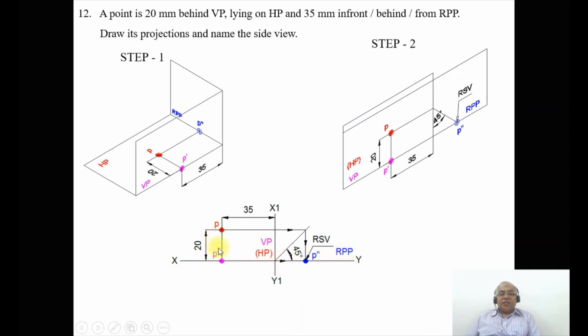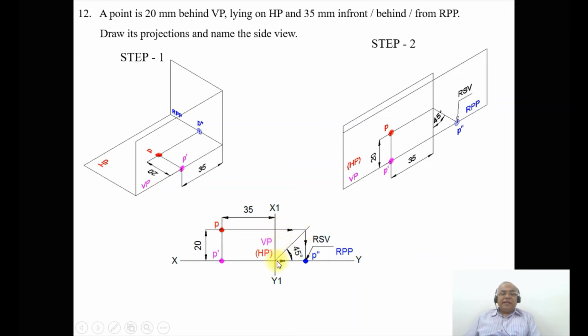Since I want to project the top view, draw a 45 degree line adjacent to HP, because the top view image is seen in HP, because the top view is perpendicular to HP. So from the origin, you measure an angle of 45 degrees using the protractor and draw a thin line. Then project the top view point onto that 45 degree line.